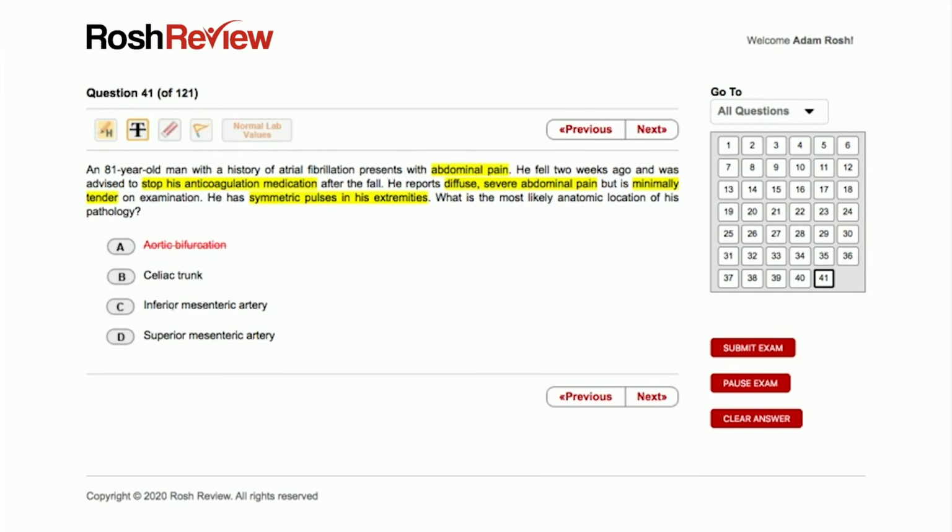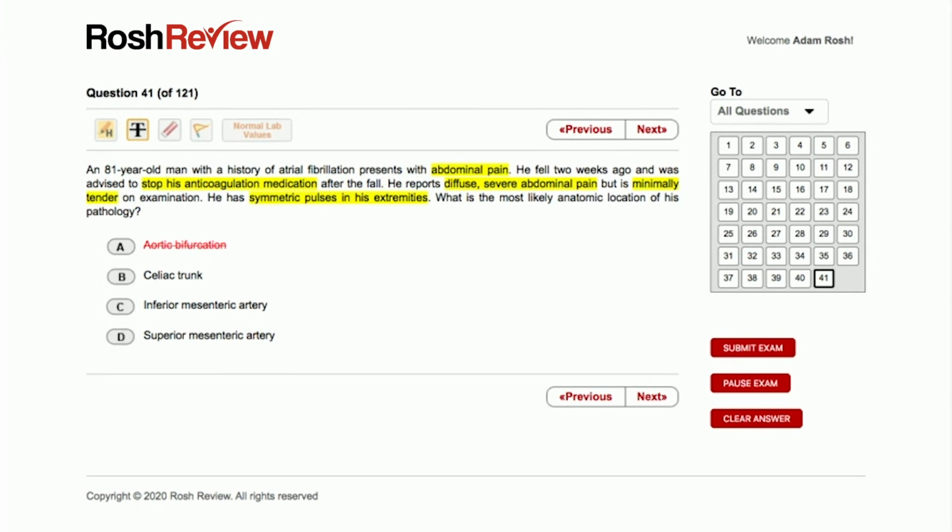But now let's look at the superior mesenteric artery. And we know that the SMA, it's the largest caliber of these vessels, and it has a narrow takeoff angle from the aorta. Okay, so it's the most likely path for clots to travel to. All right, so the most likely anatomic location here. Now remember, it's not the only anatomic location.